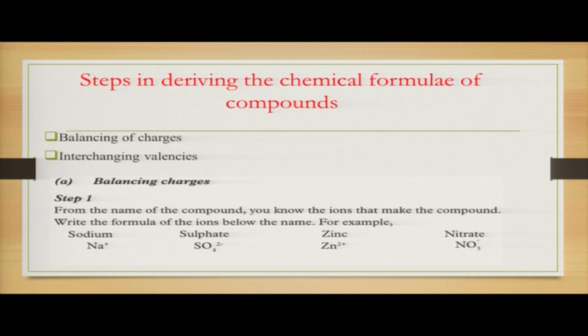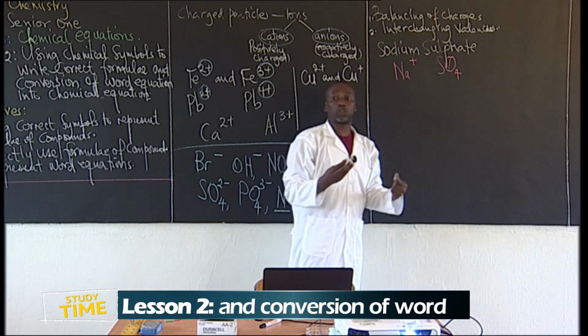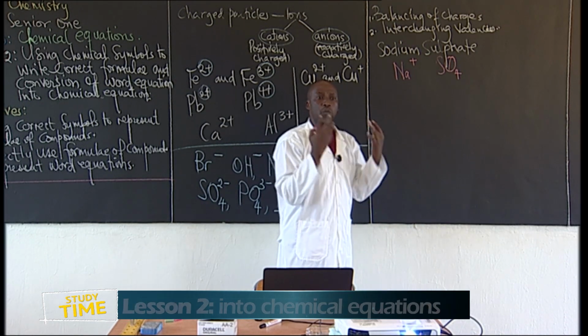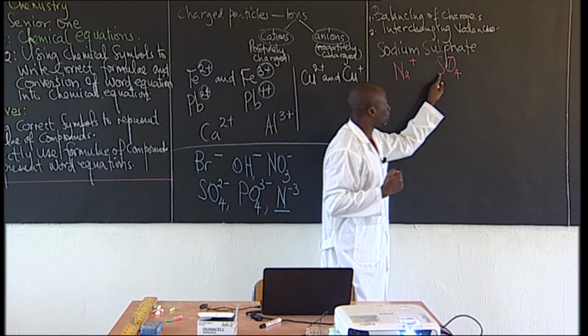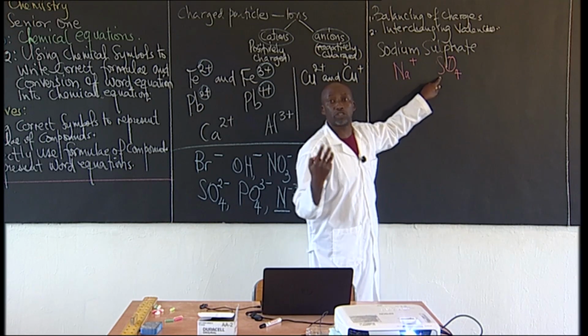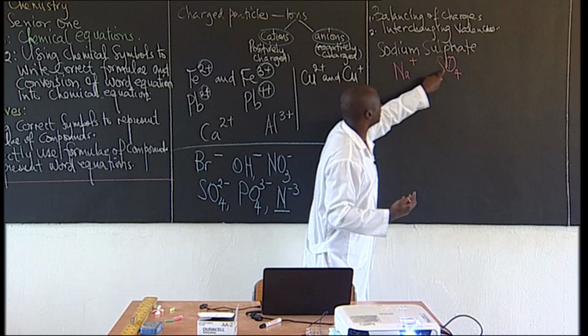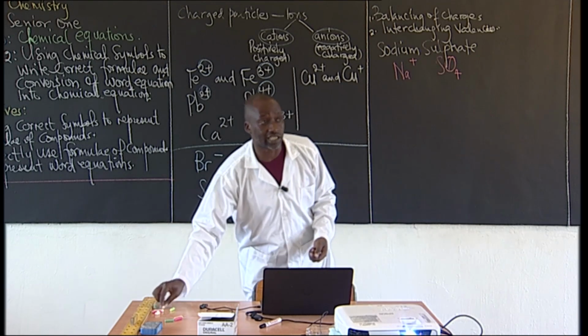The sulfate, how do we represent the sulfate? I'm sure you still remember how we represent the sulfate. This is how we represent the sulfate. S with oxygen, these atoms must have almost the same size because these are atoms that appear on the periodic table. I just want to emphasize this.